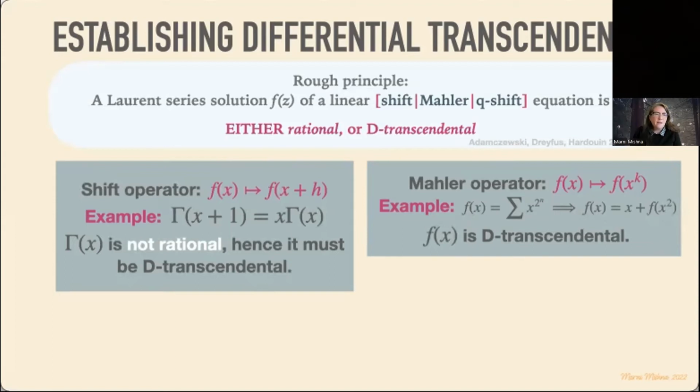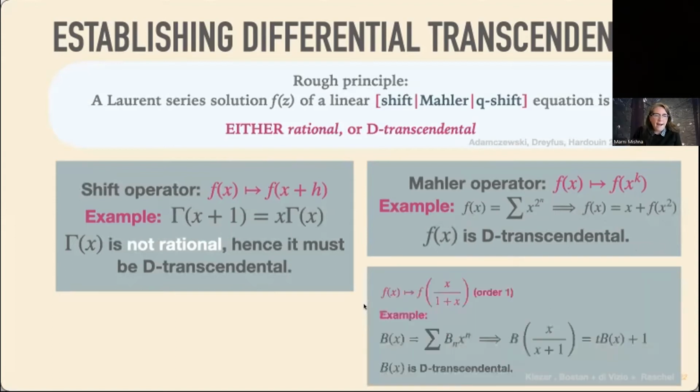Here's another example. I can do this shift where I send x to x over 1 plus x. Klazar wrote something for the ordinary generating function of the Bell numbers, not the exponential one, and got a nice linear equation using this operator.